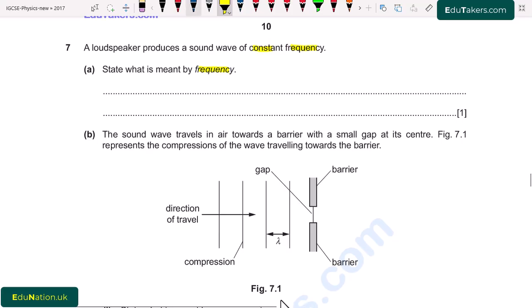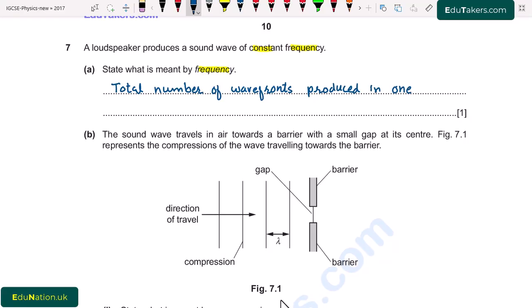So I write here total number of wavefronts produced in 1 second is called frequency.